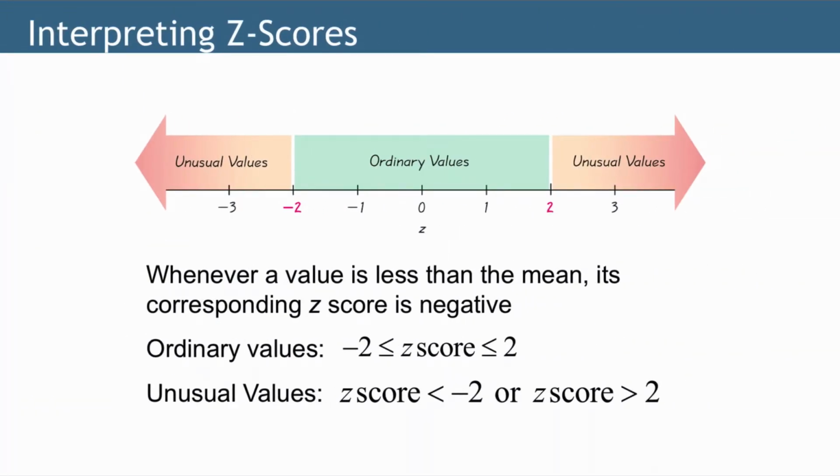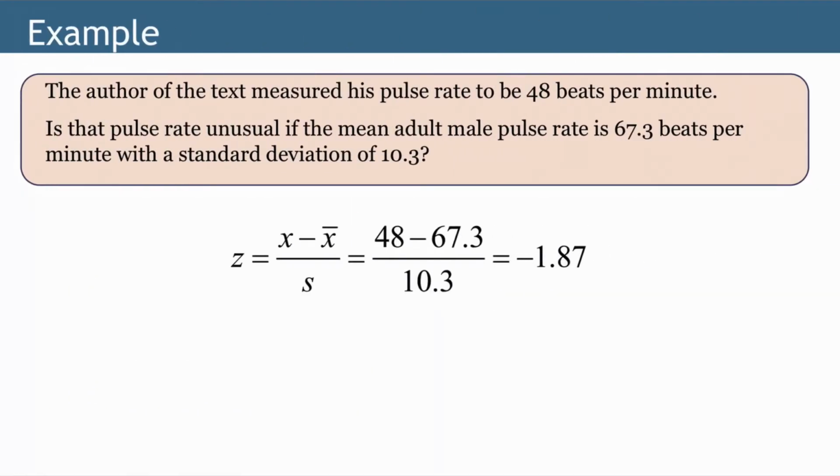All right. And the nice thing is, if we calculate a z-score, we can think about this exact same scale. But instead of calculating the 2 boundaries, we just calculate the z-score and then say, oh, where do you land on this scale? All right. As an example, the author of a textbook measured their pulse rate to 48 beats per minute.